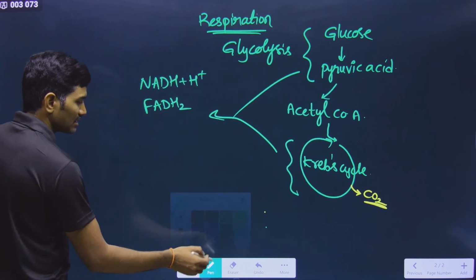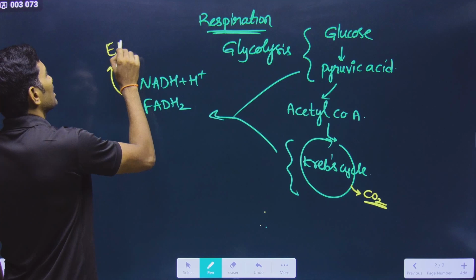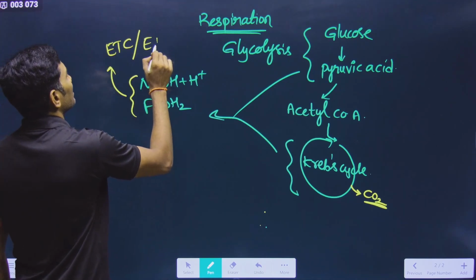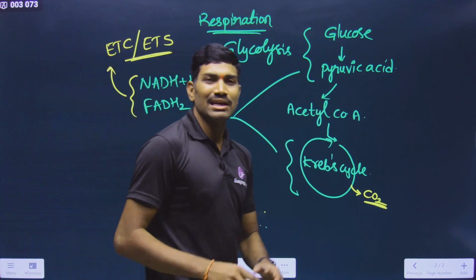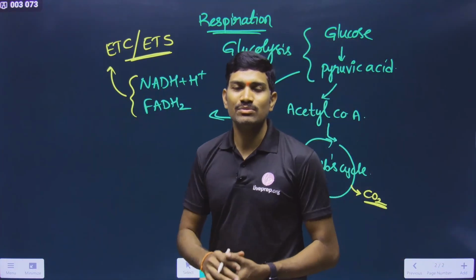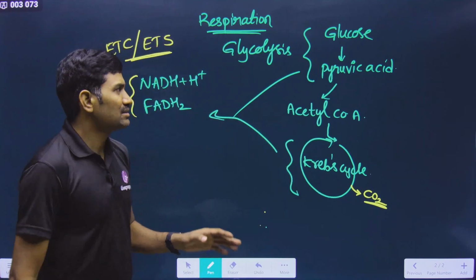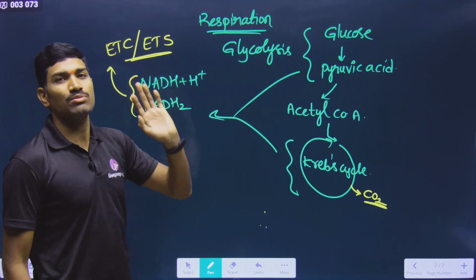And now what happens here? These two will enter the electron transport chain or electron transport system. Yes or no? In the inner mitochondrial membrane, there are different types of proteins involved in this sequence of reactions. Combinedly, it is called the electron transport chain or electron transport system.